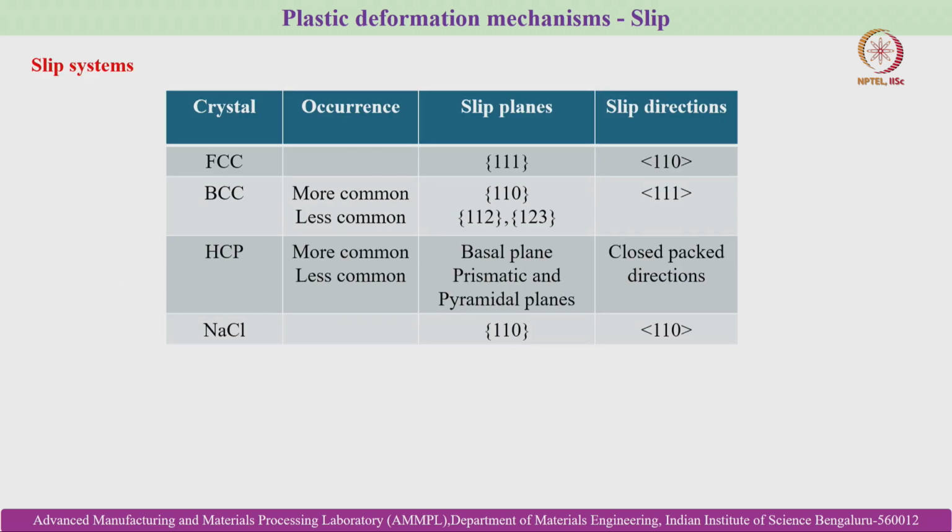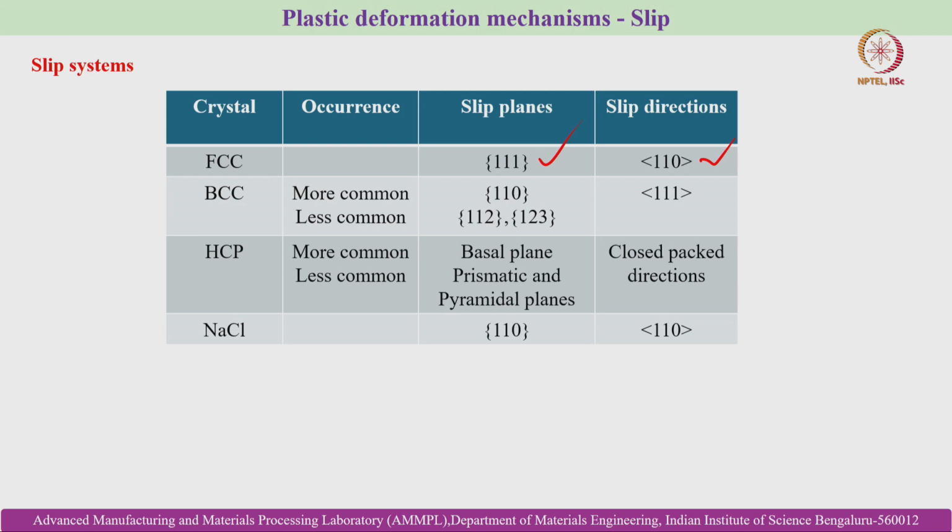These are some examples of typical crystal structures, that is face centered cubic, body centered cubic, hexagonal close packed, etc., and their individual slip planes and slip directions. For FCC the slip plane is 111 and the slip direction is 110. For body centered cubic, the more common slip plane is 110, and less common slip planes are 112 and 123.